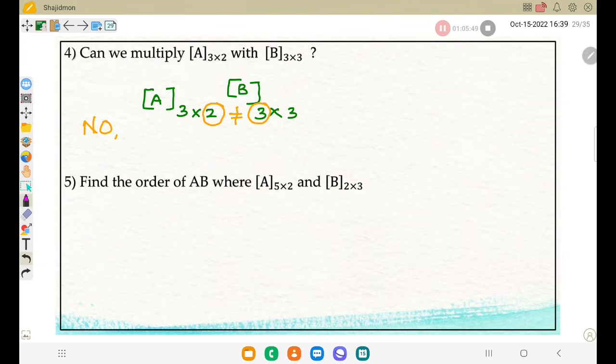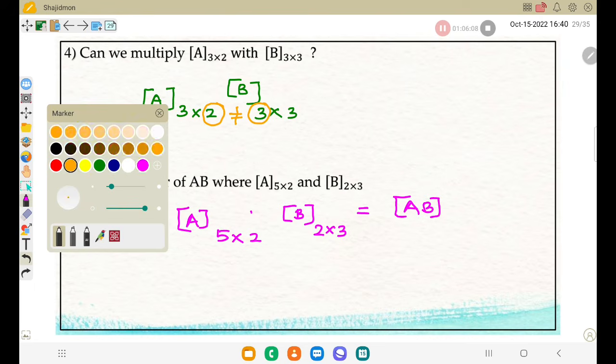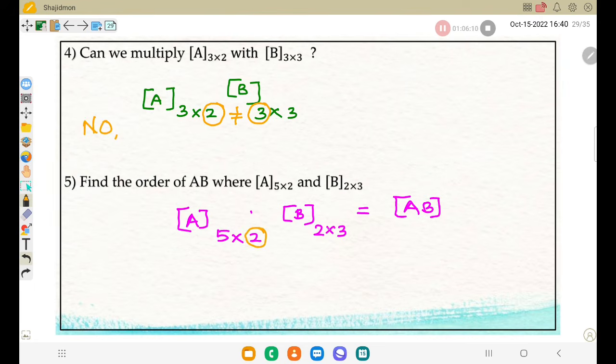Now question number 5. Find the order of AB matrix. A matrix order 5 by 2. Matrix B order 2 by 3. So we need to calculate what is AB matrix order. Okay. So first we check multiply possible or not. Here 2, here 2.